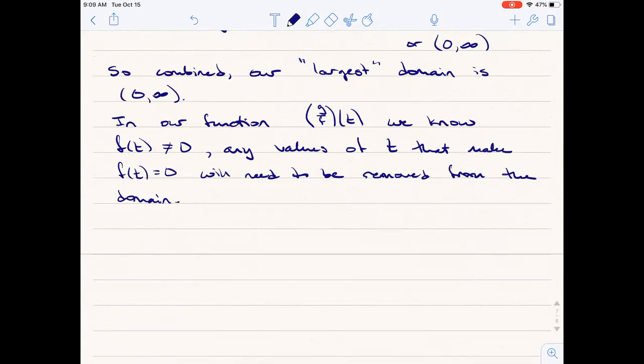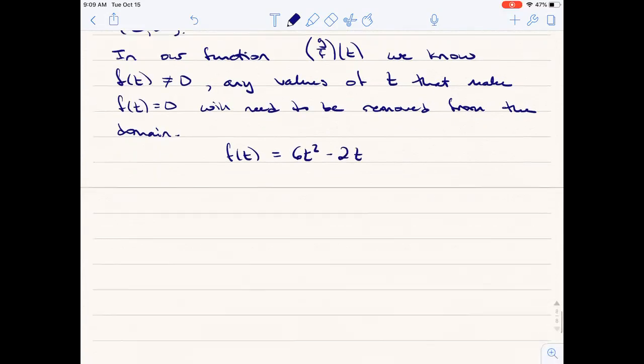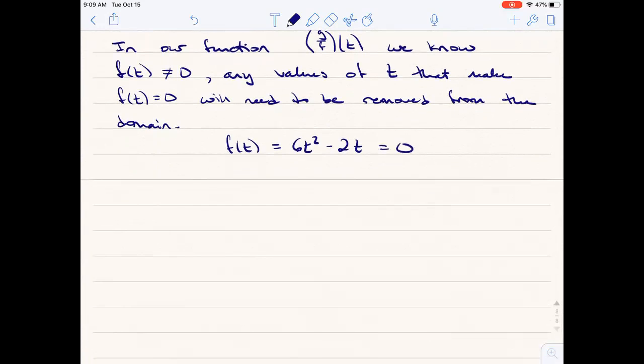Okay. You've already done a lot of work finding the zeros, right? And so this is essentially just finding the zeros. Where does y equal 0? And so f of t is 6t squared minus 2t, and I'm going to force it to be 0 and solve for t. Figure out which values of t, and there will be 2, make this 0.